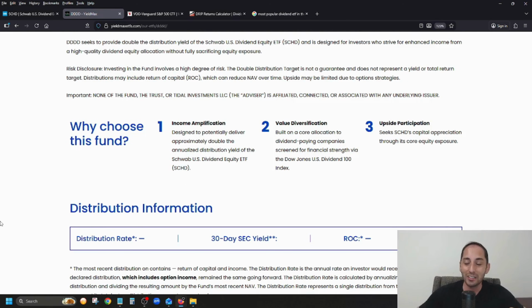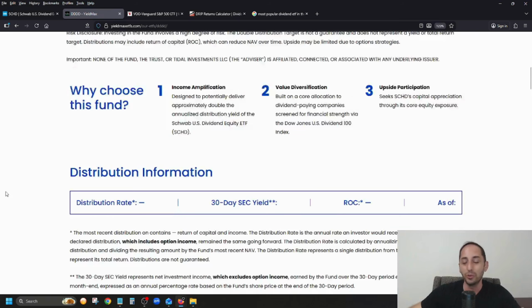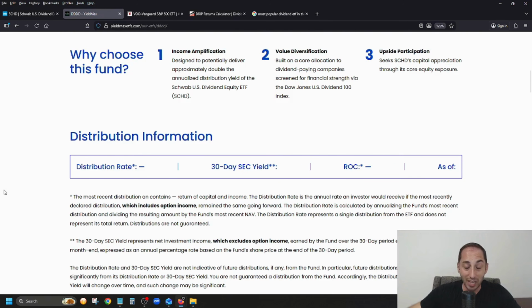And we know that that's actually fairly easy to do with all the options tools that YieldMax has, and their options experts. So to generate a 3% yield extra a year, it simply means that they don't have to give up too much upside of SCHD's stock price, if you will.